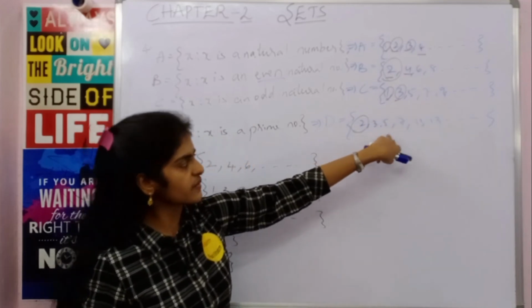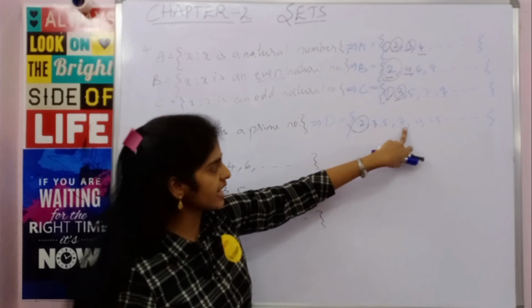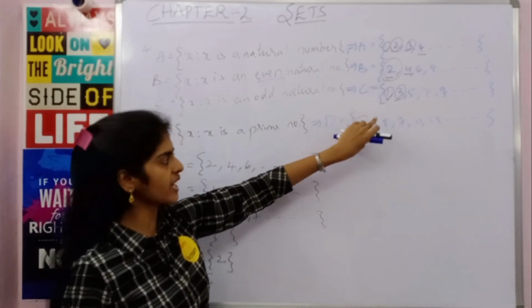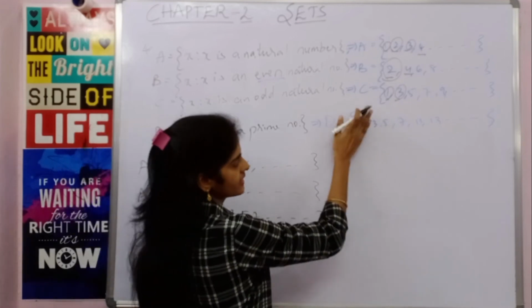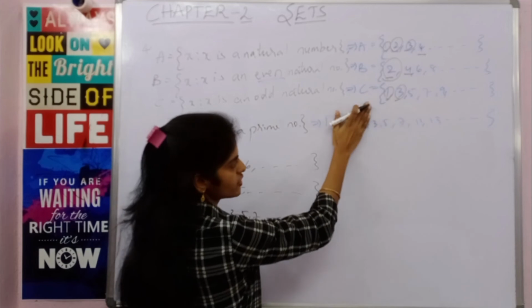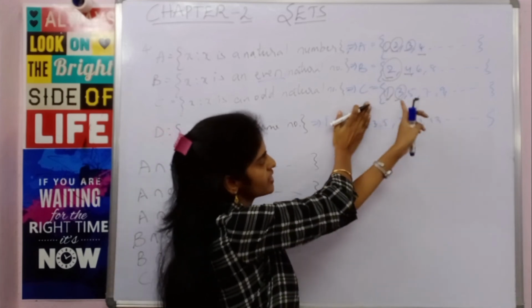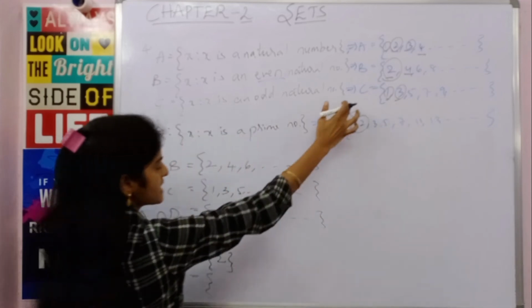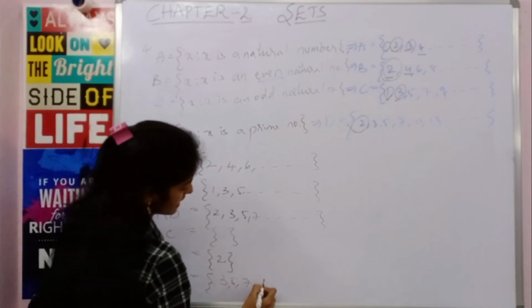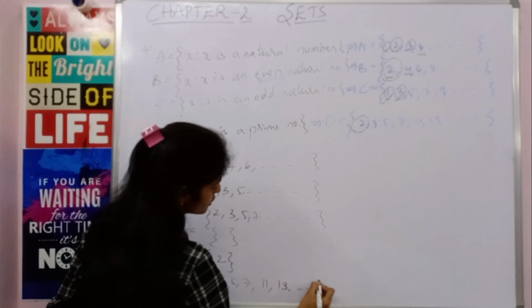So all the elements of D other than 2 are also elements of C. The 2 is even, so it is not in the odd number set. So other than 2, all the other elements you can find in C also. So C intersection D is nothing but 3, 5, 7, 11, 13 and so on.